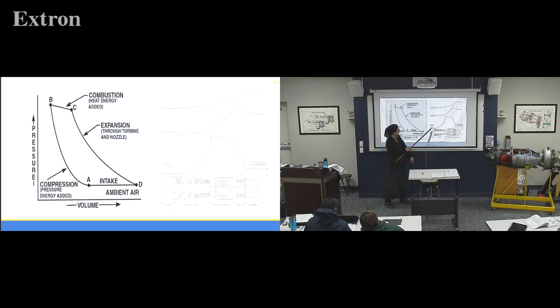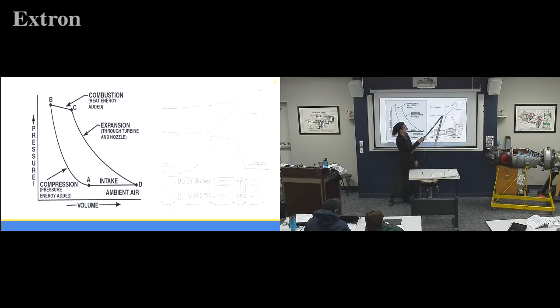Over here we have our pressure curve with temperature and velocity. So here we have the actual diagram of the engine. At our air inlet, we're starting off with ambient as our baseline. And then through our compression section, pressure, again, of course, going to increase.